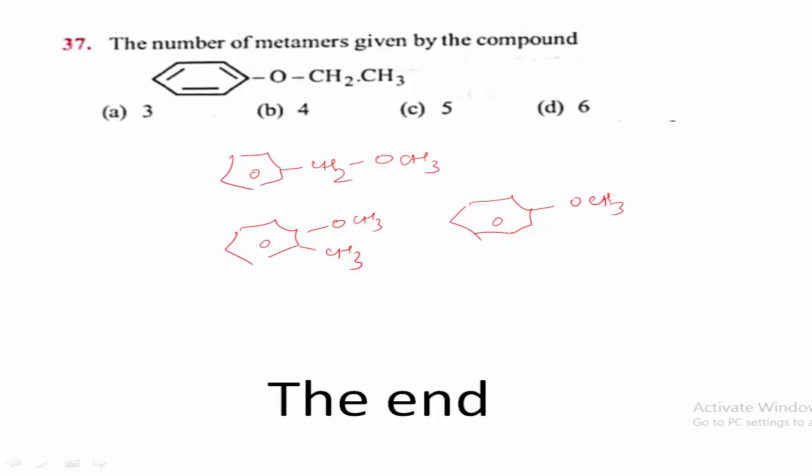Here this one is OCH3 and this one is CH3, and the fourth one is here CH3 and here OCH3. These are four structures which show the metamers of the given compound. Therefore, the correct answer for this question is option B. The given compound contains 4 metamers.